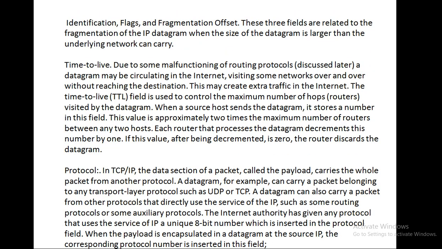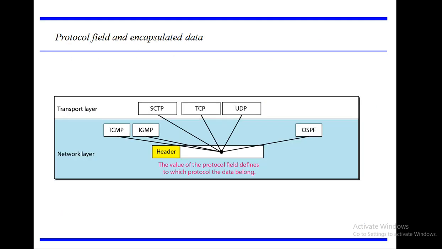The Internet Authority has given any protocol that uses the service of IP a unique 8-bit number, which is inserted in this field. For example, these are the different protocols used by the network layer: ICMP, IGMP, SCTP, TCP, UDP, and OSPF. These are the protocols which are using the services of the network layer.